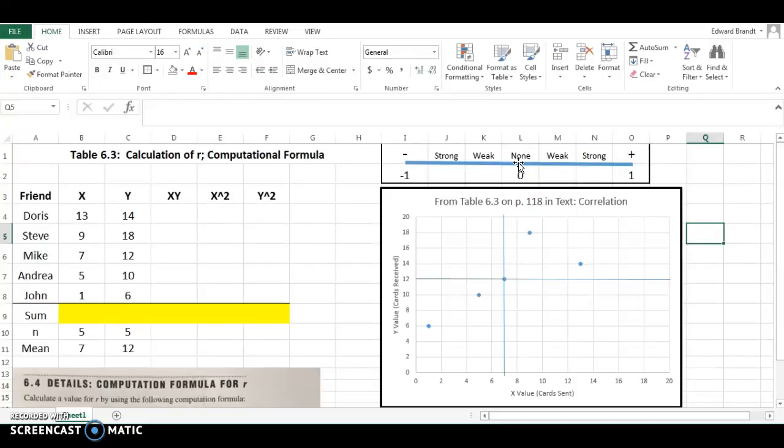There's no relationship between the two, and maybe one value can't help you predict the value of the other. But the other component, besides positive and negative, is how strong or weak that relationship is.